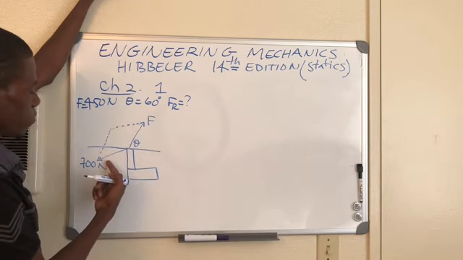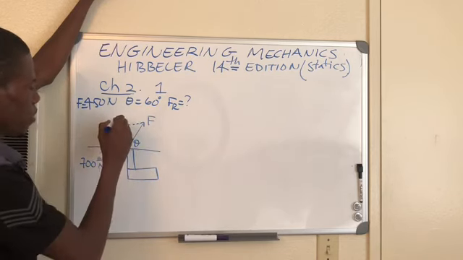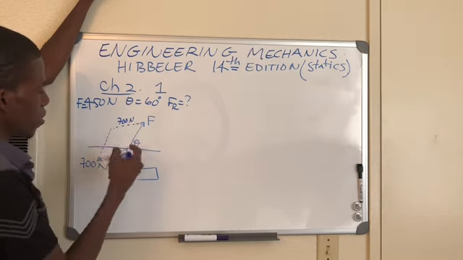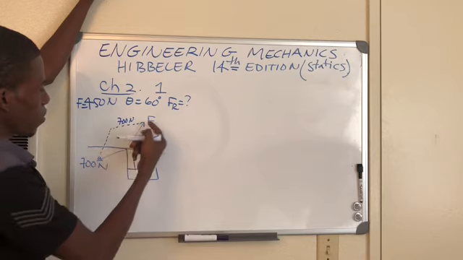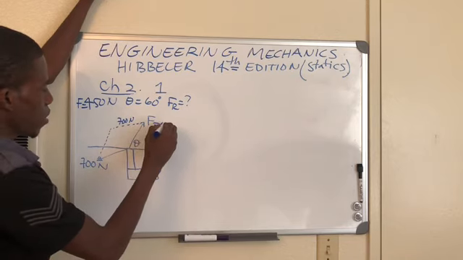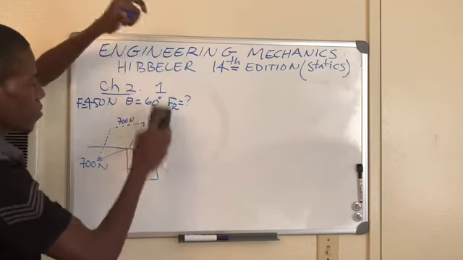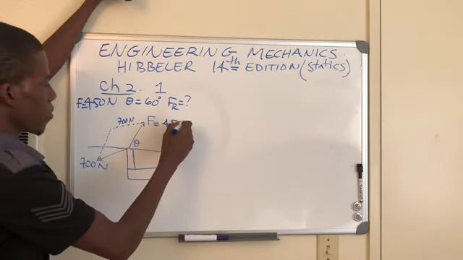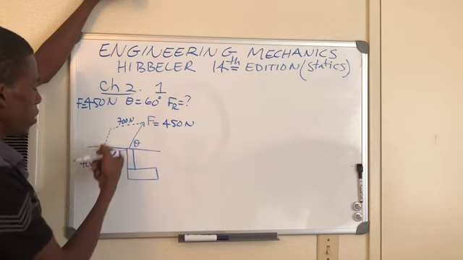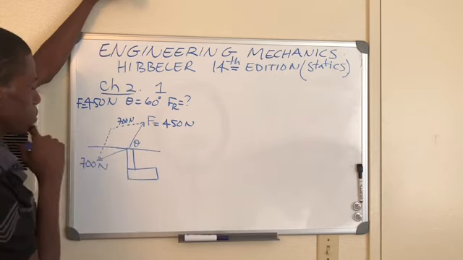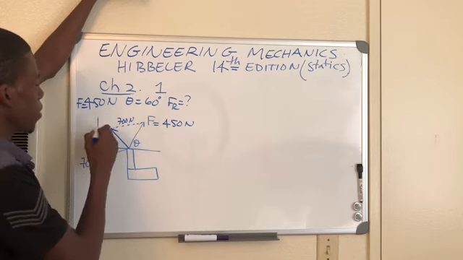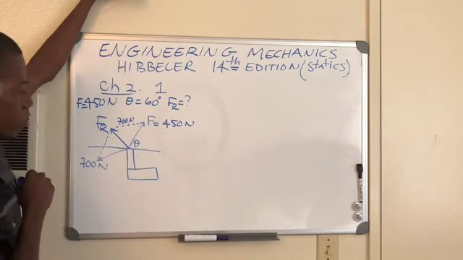That tells me that if this side is 700 Newton, the opposite side is also 700 Newton, and this side is 450 Newton, and this side as well. And this is going to be our resultant force.